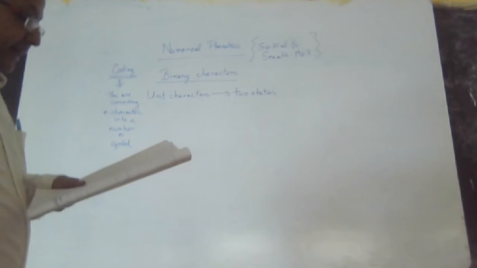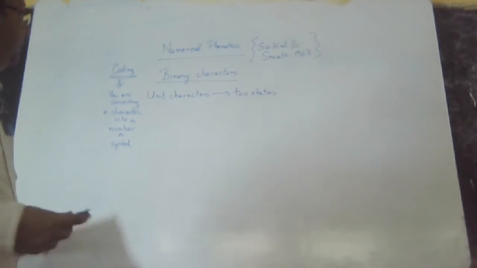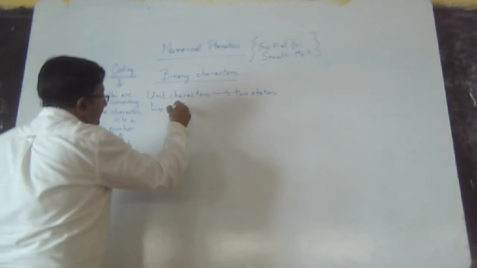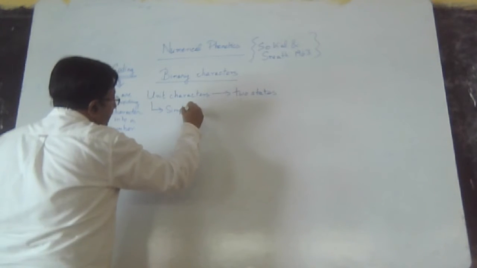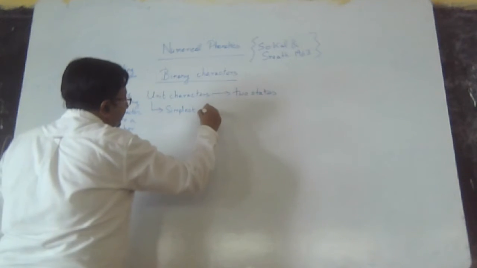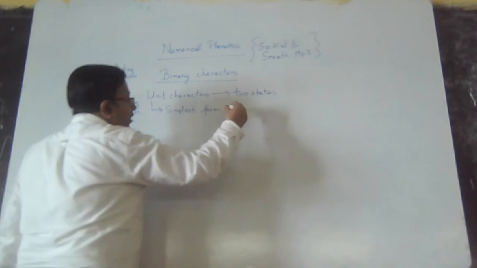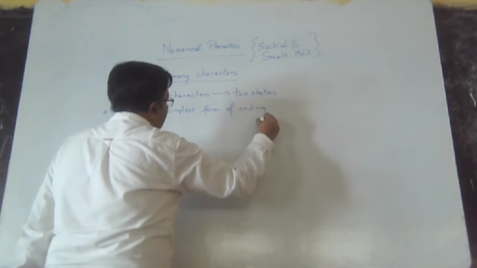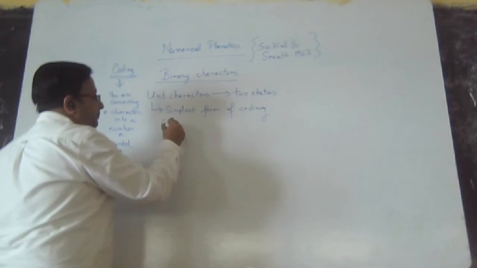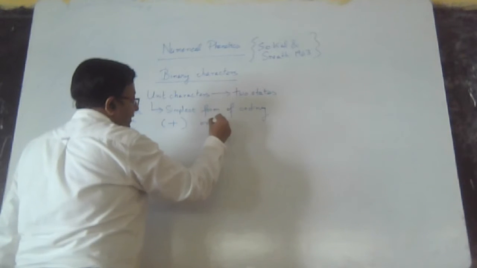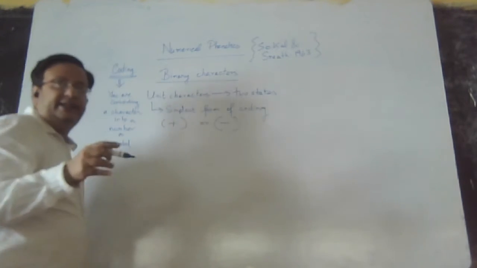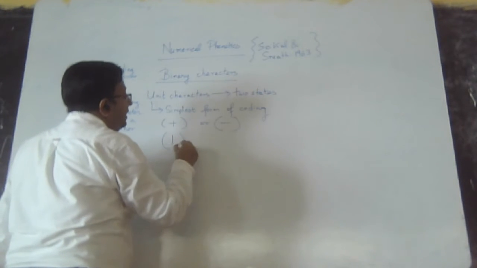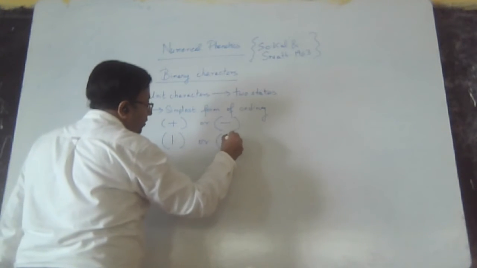So these numbers are two states and you give them the simplest form of coding, either plus or minus, present or not present, or you can give it 1 or 0.